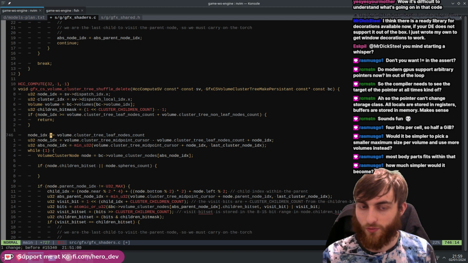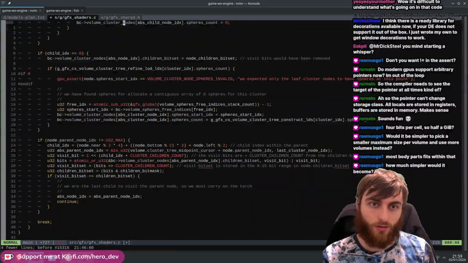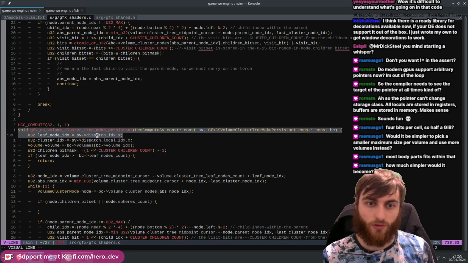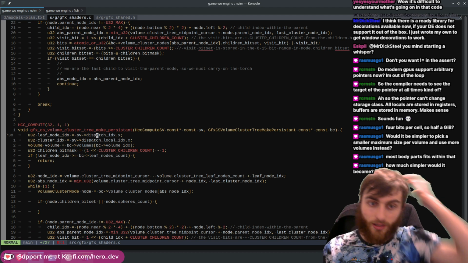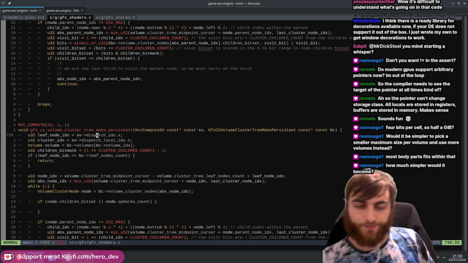You wouldn't have to do that shuffle delete code. We could just copy it directly into the persistent space. We can just do that make persistent thing and do the delete while we're copying it into more of a persistent space, right?